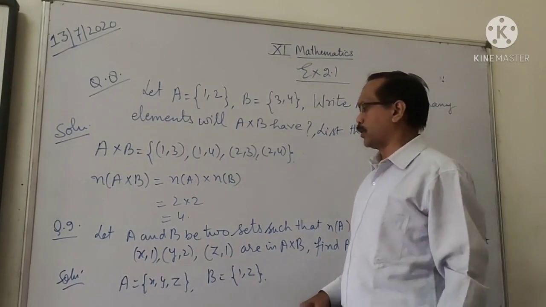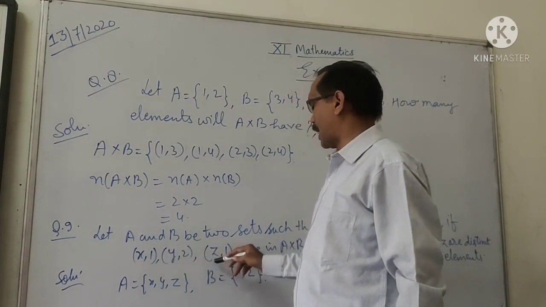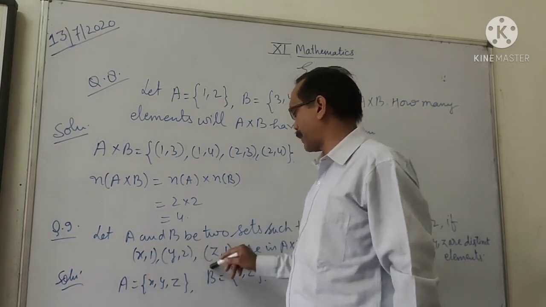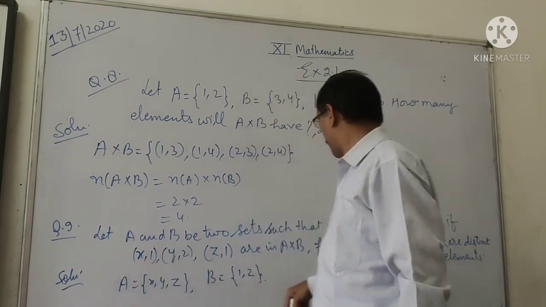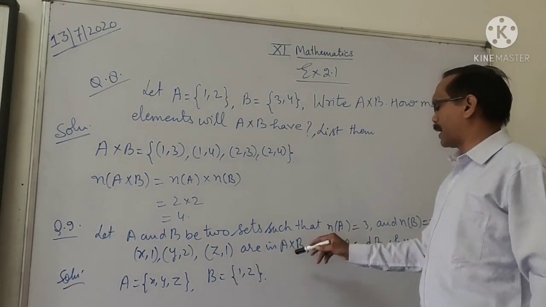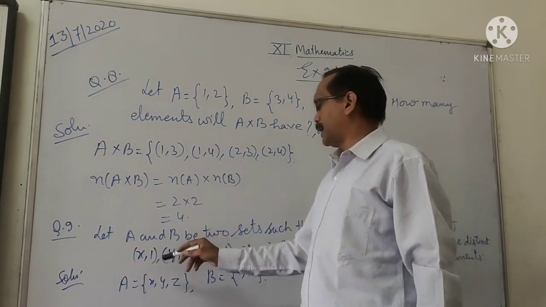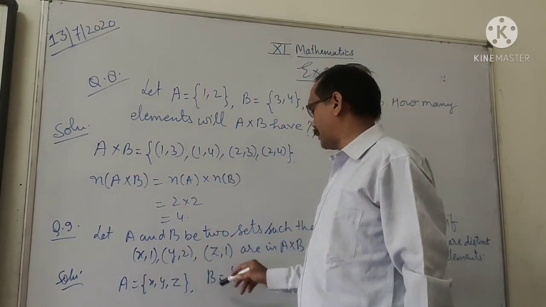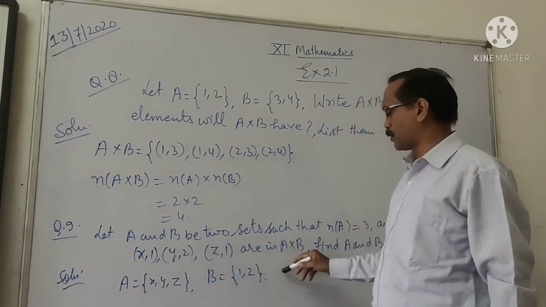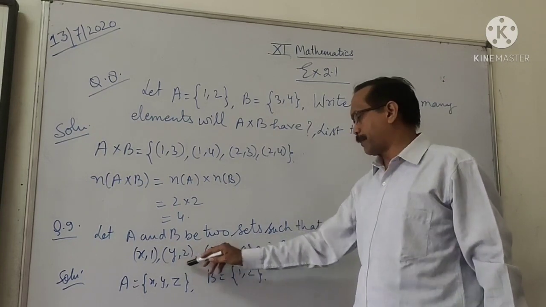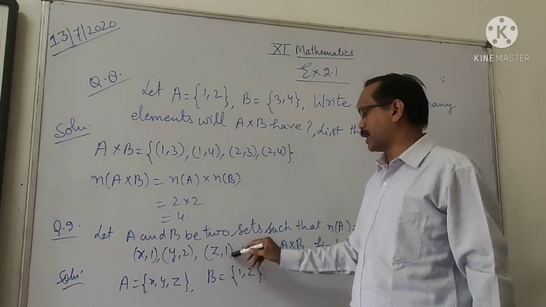So see, x, y, z are the first elements of the ordered pairs, so they are the elements of the set A, because the ordered pair of A cross B is considered here. Elements 1 and 2 are the elements of the set B because these are the second elements of the ordered pairs. So set B equals {1, 2}, and 1 is not repeated in the set.